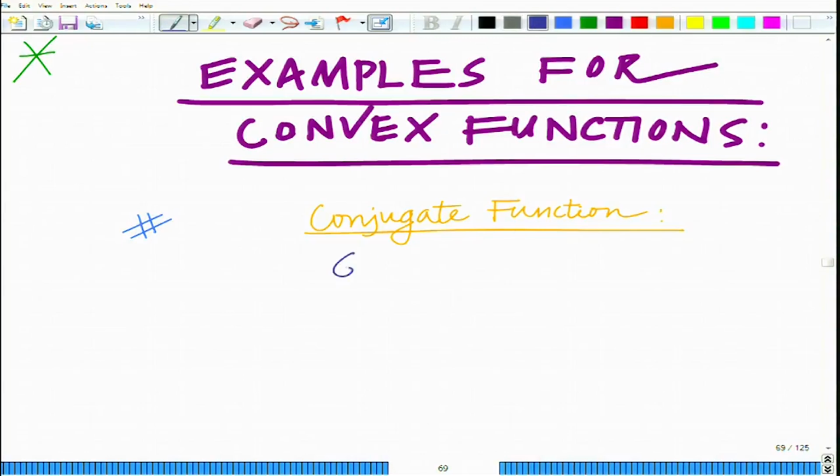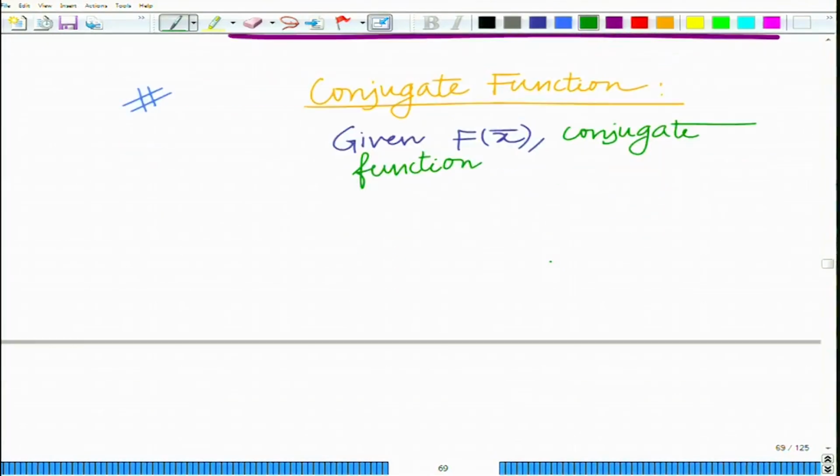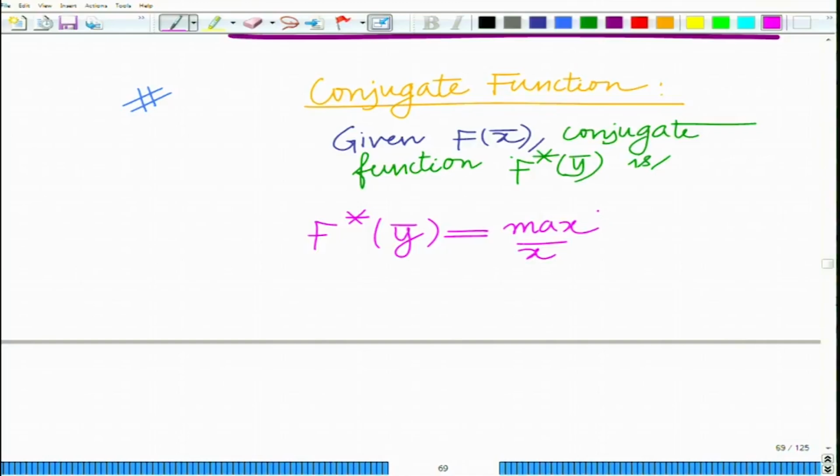But the definition: given a function f of x bar, the conjugate function f conjugate y bar is given as the maximum over the vectors x bar of y bar transpose x bar minus f of x bar.